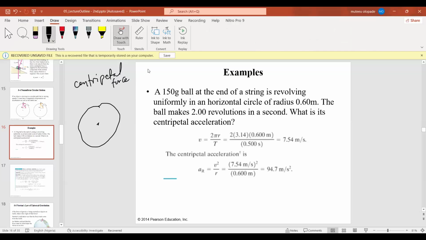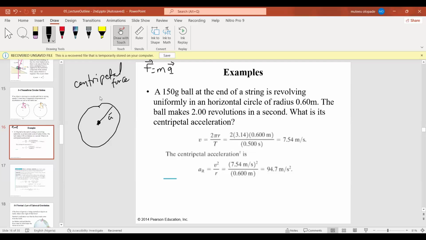And associated with the force, as a result of Newton's second law, where we have F equals ma, there must therefore be an acceleration.